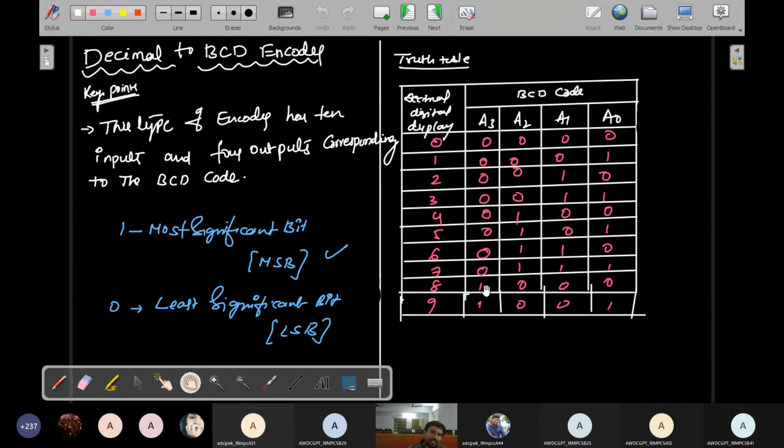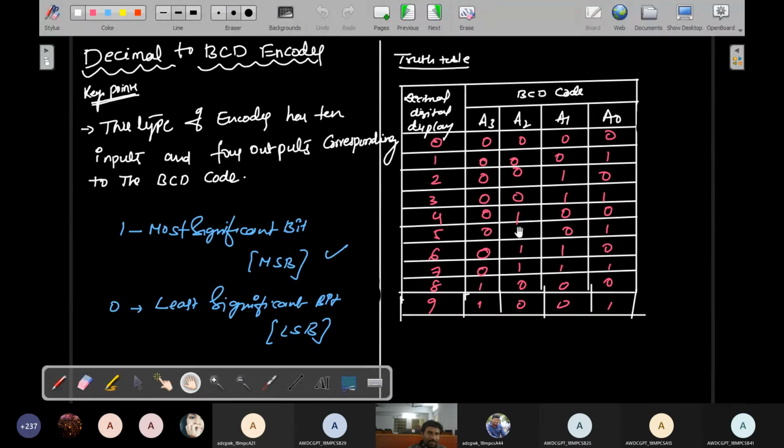So A3 is represented by an OR gate of the decimal numbers. So 1 is there, therefore A3 represents 8 plus 9 and A2 represents 4, 5, 6, 7, which are the high most significant bits.